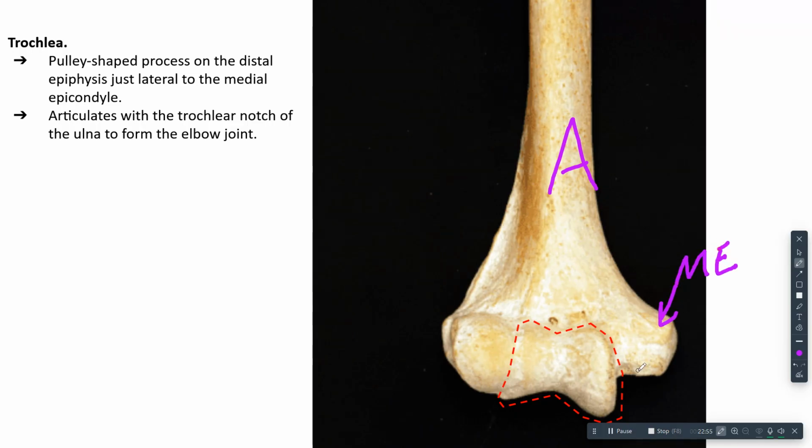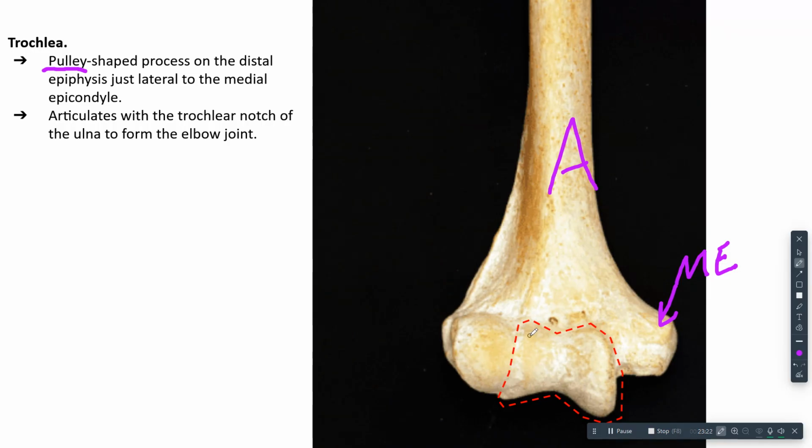Then next to it, I find this like pulley-shaped structure, spool-shaped. That guy is called the trochlea. The word trochlea means pulley. And this is where your ulna is going to articulate. This is where you make your elbow joint, the hinge that you're using as you straighten or bend your elbow.